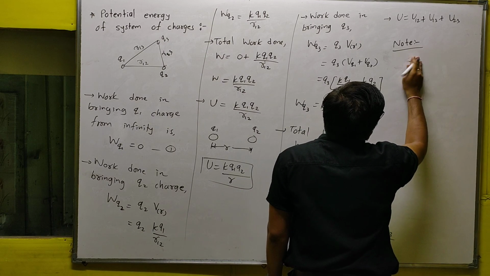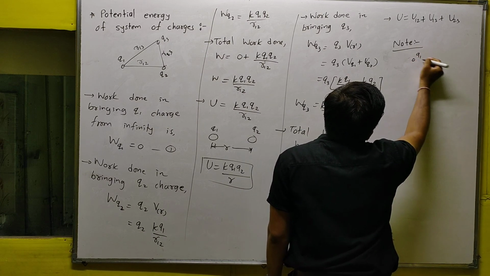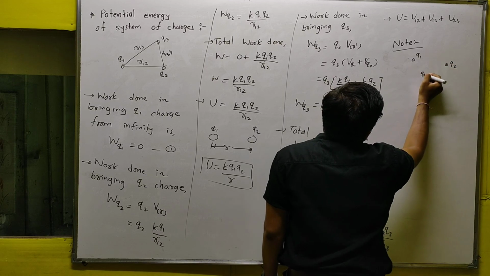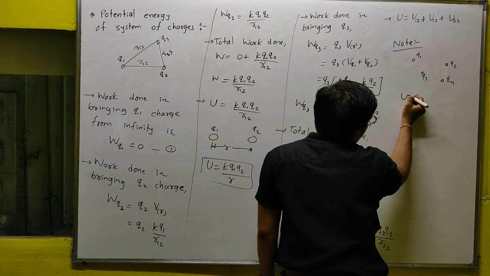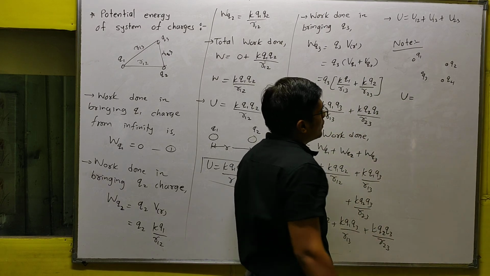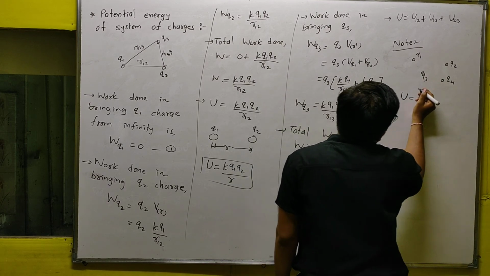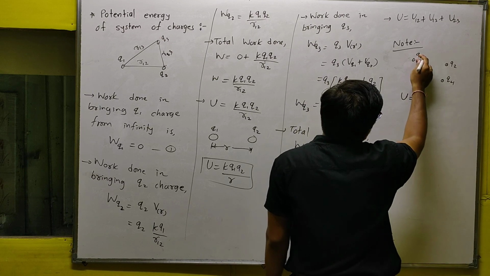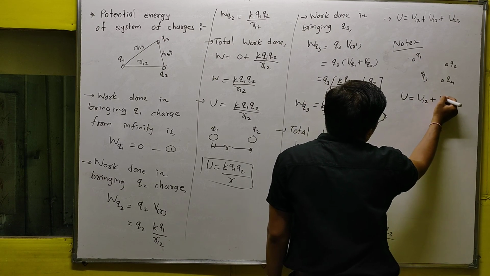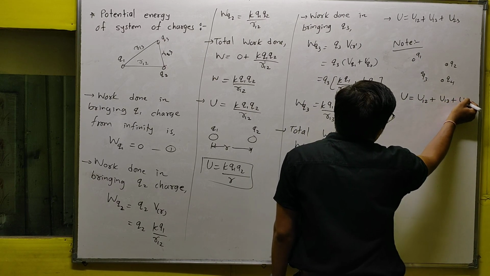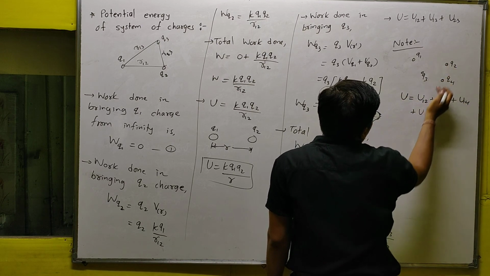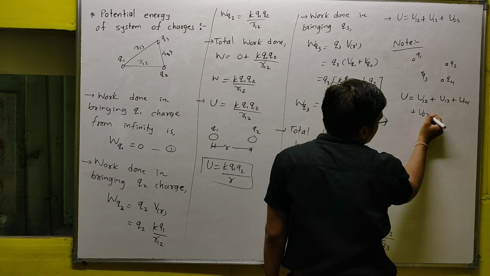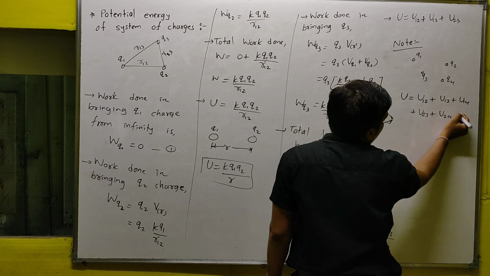Suppose there are 4 charges, Q1, Q2, Q3 and Q4. Then to find the total energy, you have to make pairs of charges. Make pairs of the first charge with 2, with 3 and with 4. Now make pairs of the second charge. The pair of second with 1 is already done, so make it with 3 and with 4.